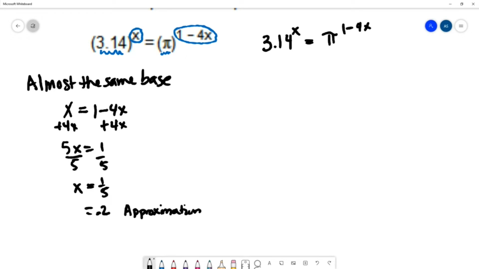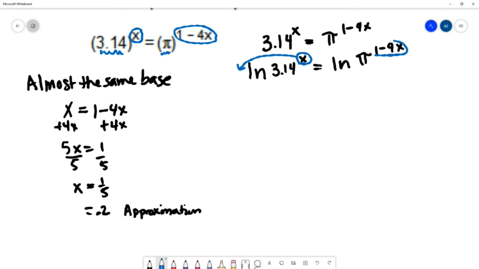The method is to take the log of both sides. We're going to do natural log on the left and natural log on the right. On both sides, we have logs and we have exponents. So that means that we're able to use the power rule. The power rule for logarithms allows me to move that exponent to become the coefficient of the log.